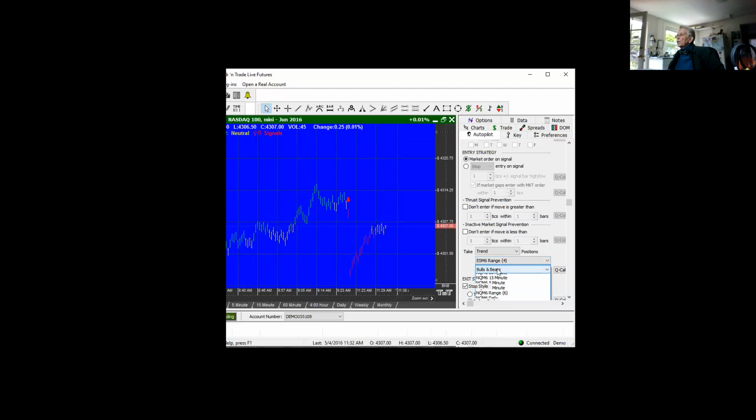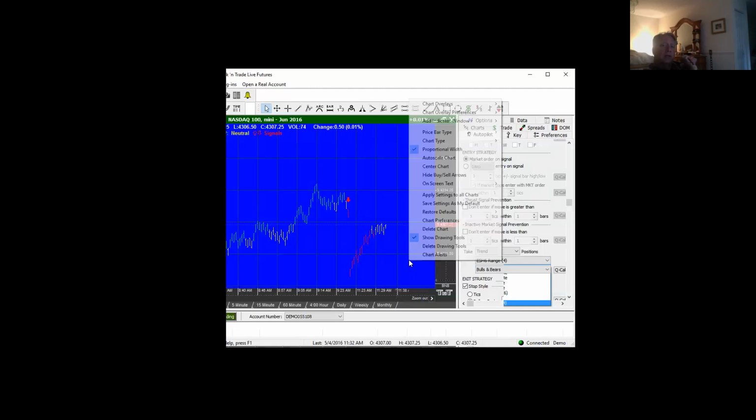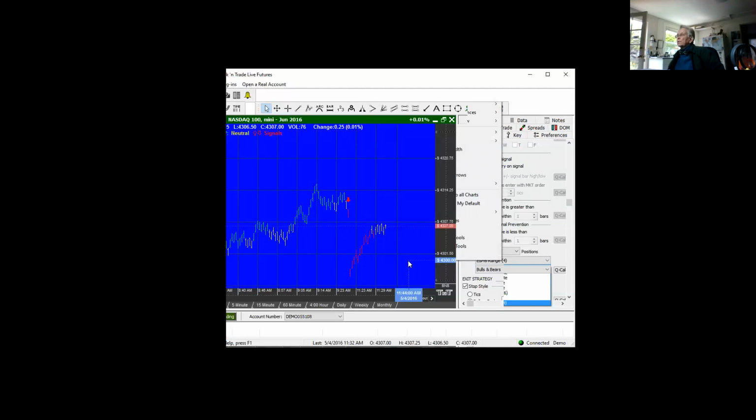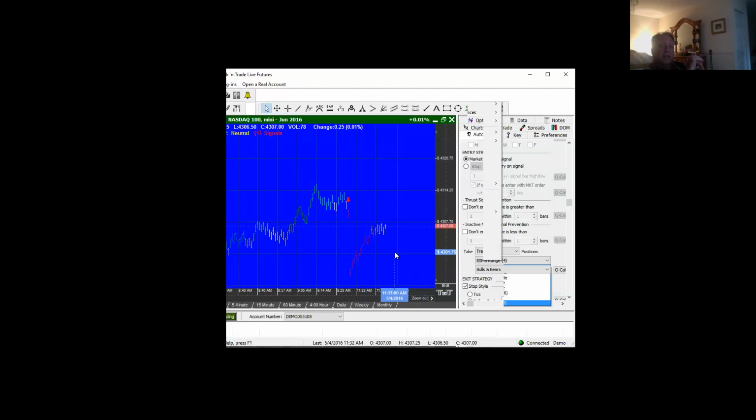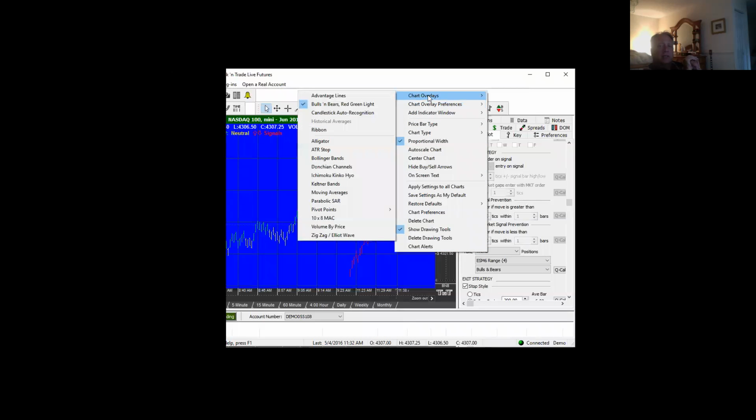And so then now the bulls and bears, that's all you can put there, or? No. So everything that you have open. So now go back over, left click on your blue screen. This is right click. Right click it. Okay. And then go up to chart, look on the top chart overlays. Yeah. You could throw on advantage lines.